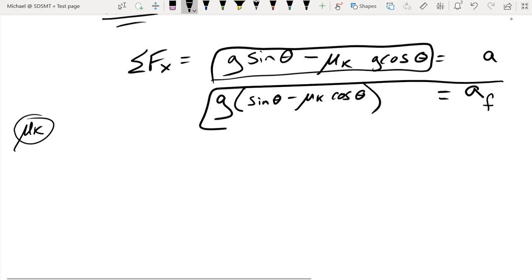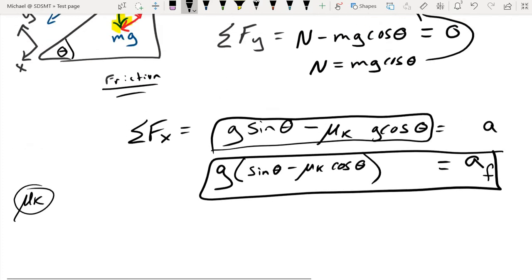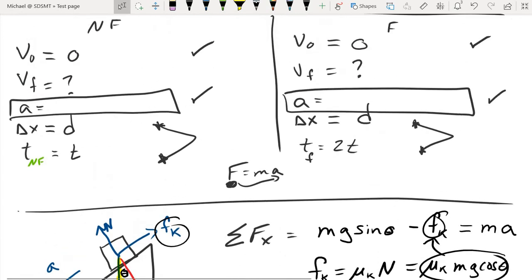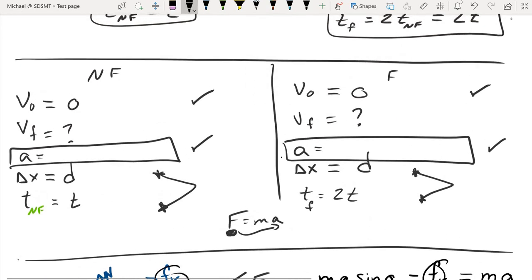So this acceleration value is going to be plugged in right up here. We have g times sine theta minus mu k cosine theta.